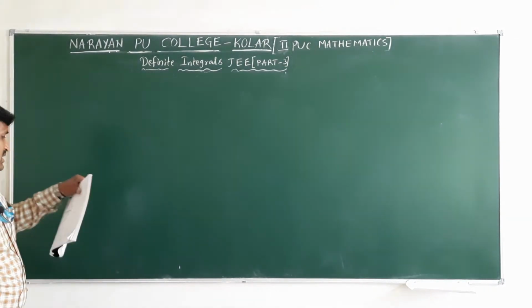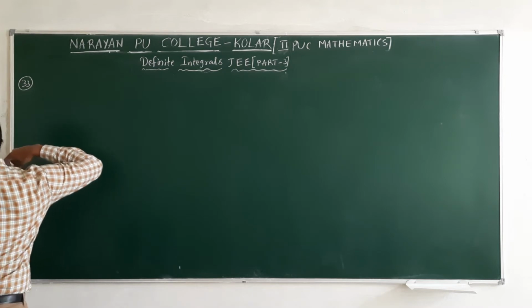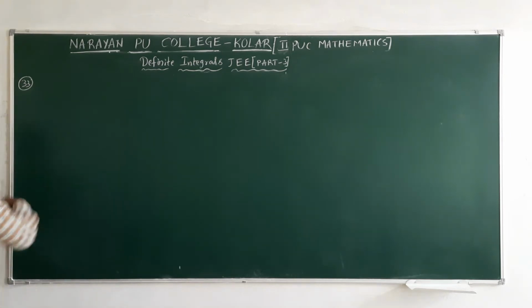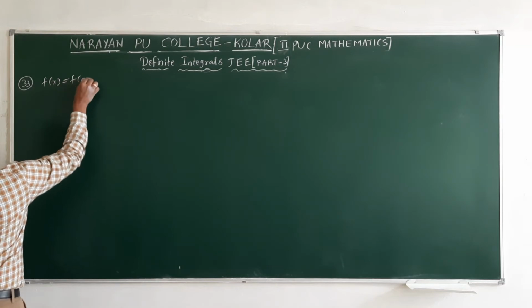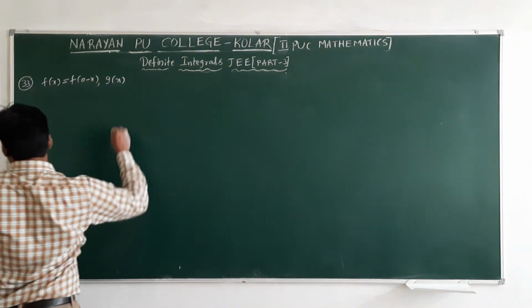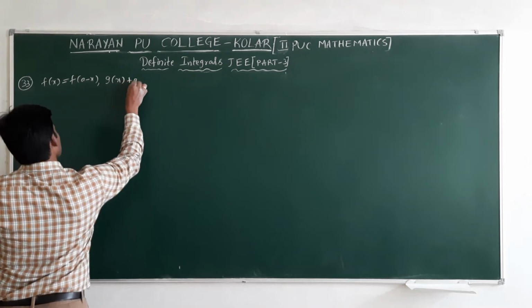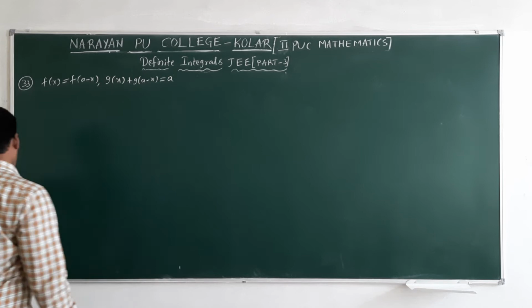Next, question number 33. f(x) and g(x) are continuous in the closed interval [0, a], satisfying f(x) = f(a − x), and g(x) + g(a − x) = a.